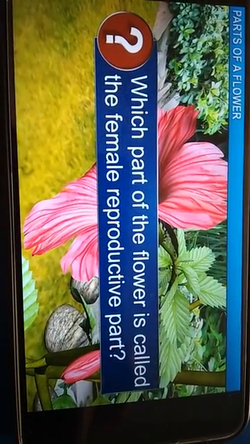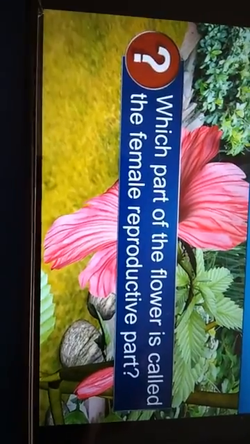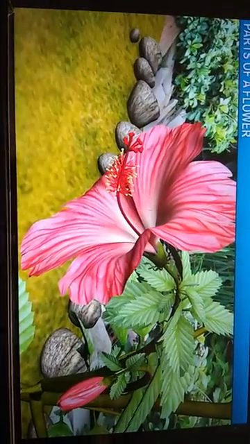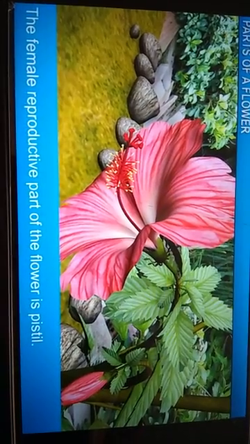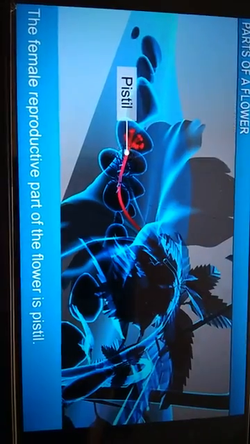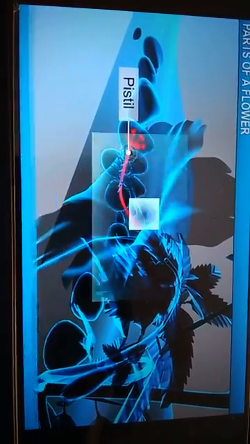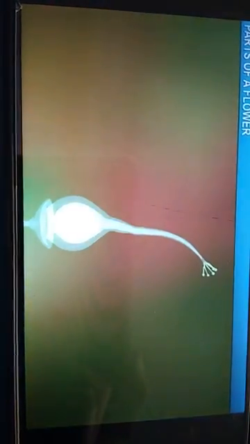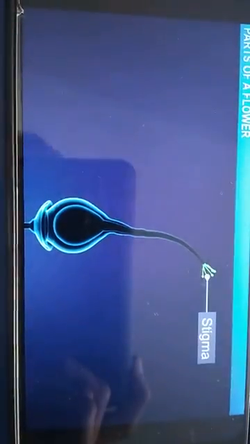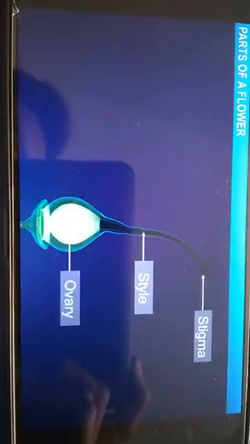Which part of the flower is called the female reproductive part? The female reproductive part of the flower is pistil. It comprises 3 parts: stigma, style, and ovary.